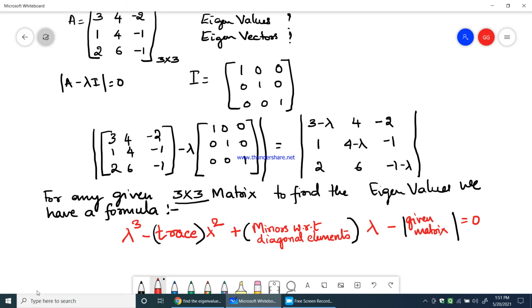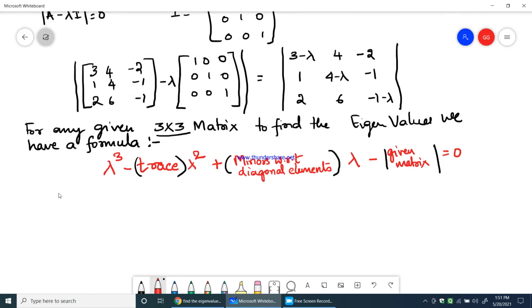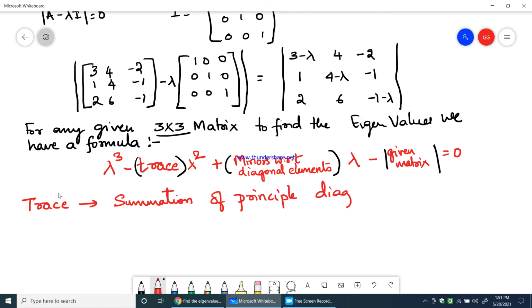Now what is exactly trace? Trace is equal to the summation of the principal diagonal elements of a given matrix.